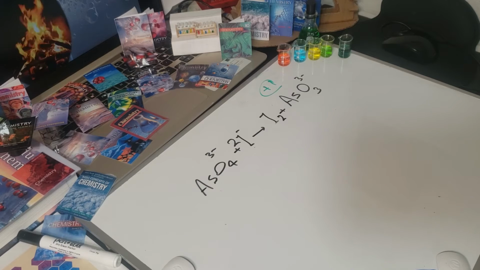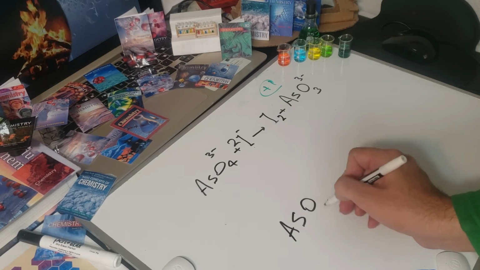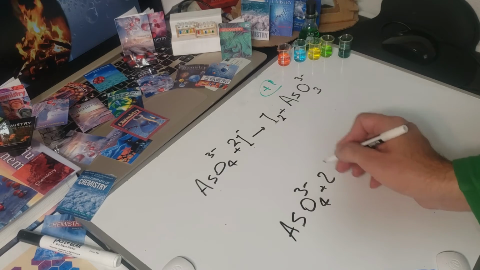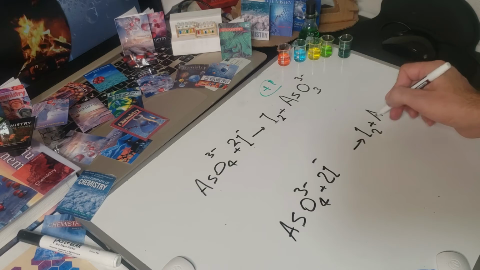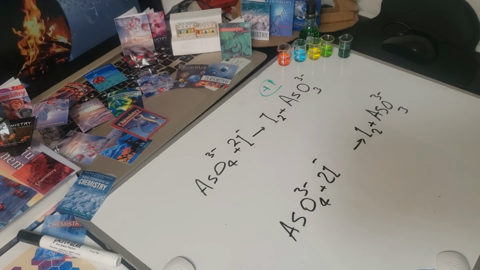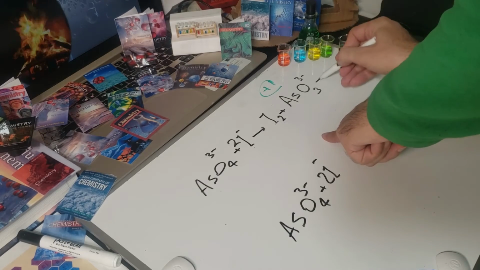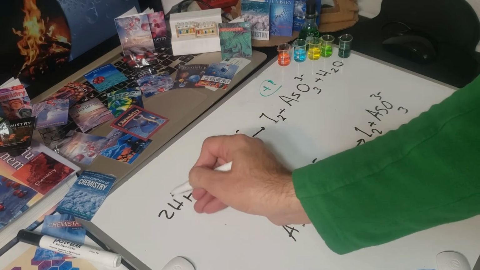I'll just go on, rewrite my reaction one time more. AsO4 triple minus plus 2 I minuses, giving me I2 plus AsO3 triple minus. Okay, for the acidic media, I just do 1 H2O and 2 H pluses.